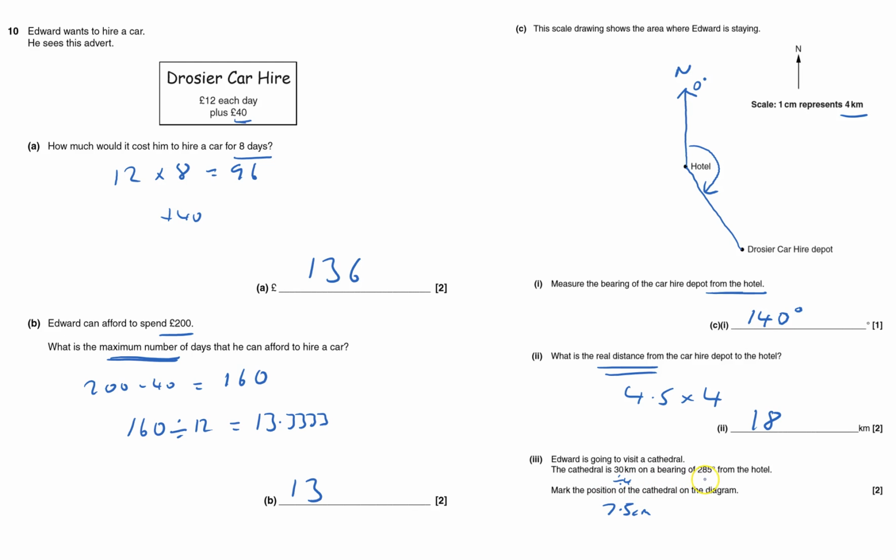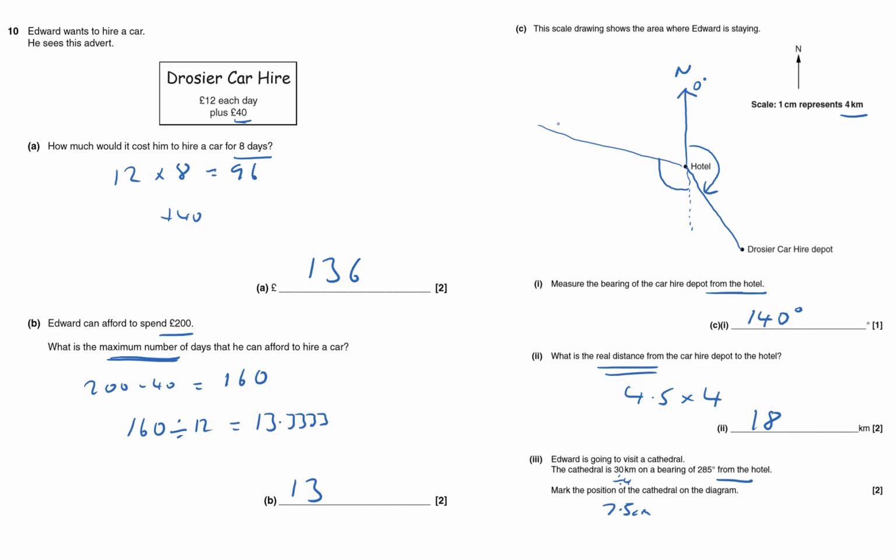On a bearing of 285 degrees from the hotel. So that means I've got to start at the north line by the hotel and go all the way around. And if I take it right down to the bottom here, that's 180 degrees. So I've now got to go another 105 degrees to get to what I need. So 105 degrees will go something up here.